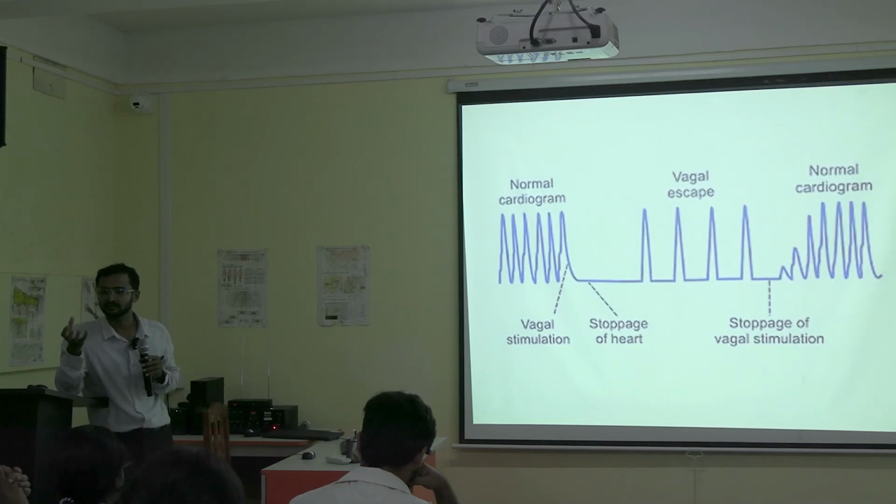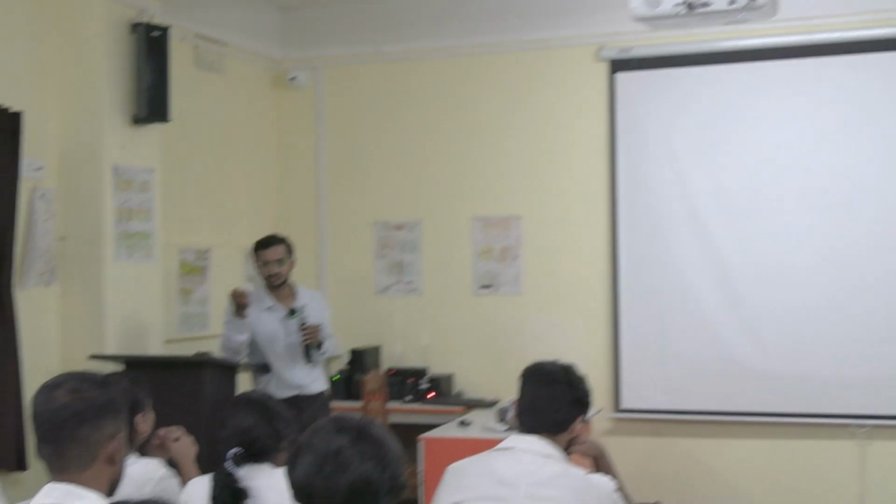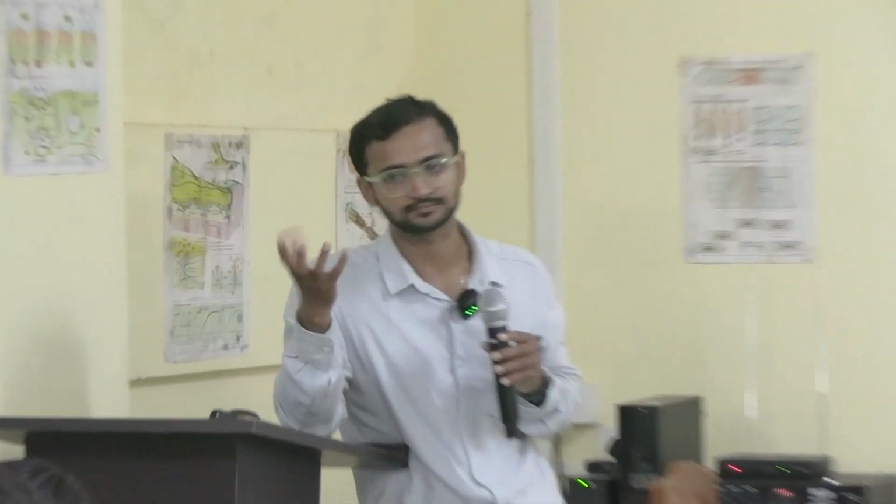If you give the impulse in between, say at 25 beats per minute, it will cause a sudden contraction. This is known as extra systole.